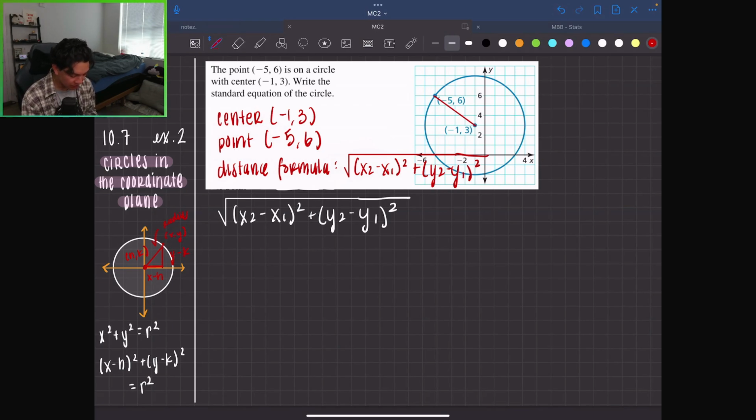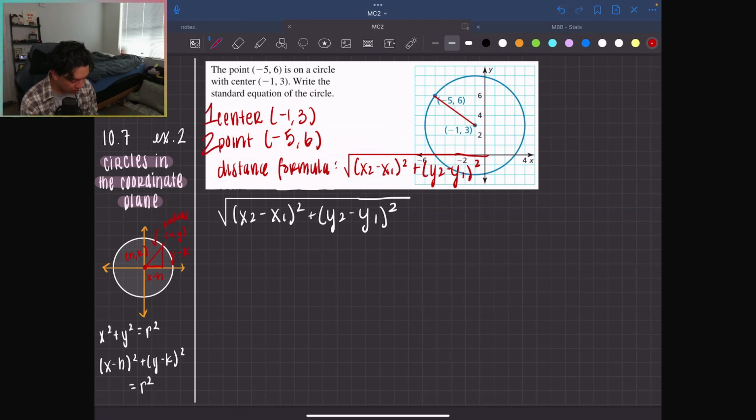So let's just go ahead and fill in these values. So we do have x values here. Where are our x values? They're right over here. We also have our y values. Where are our y values? They are right over here. So all we have to do now is just plug in these values into the formula and see what the radius will be. So let's say that this is our first set of points and then our second set of points.